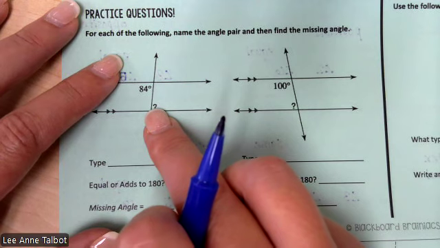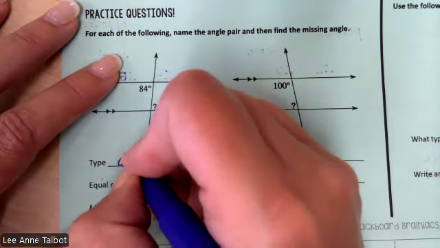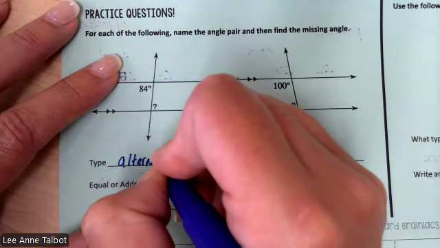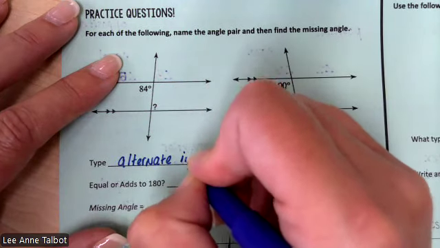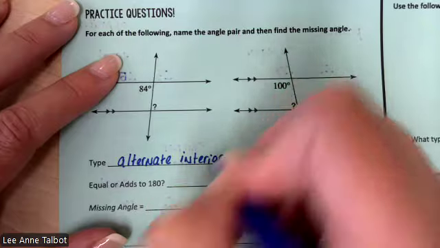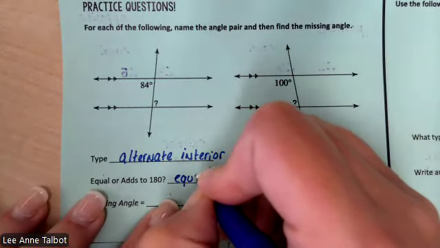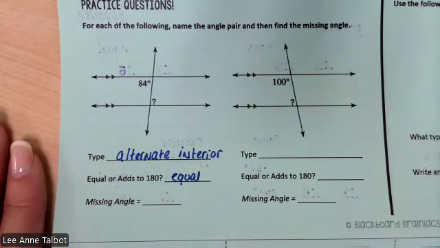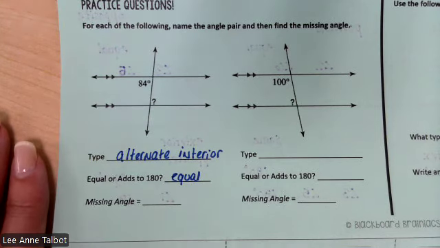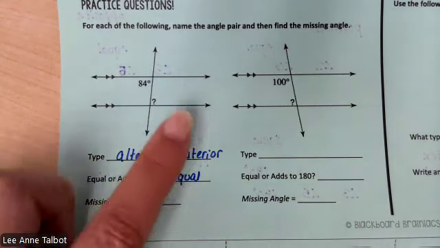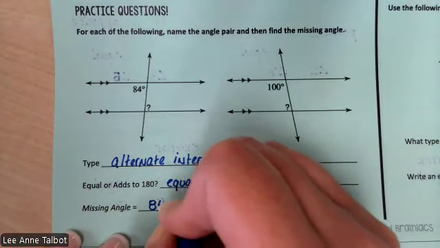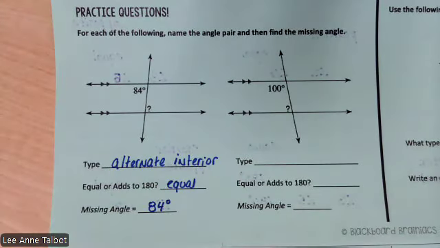Anybody know? Perfect. Alternate interior. Alternate interiors are equal. And the missing angle is also 84 degrees because they are equal.